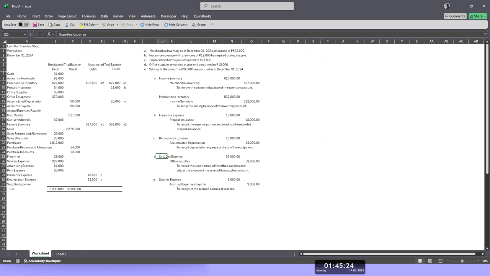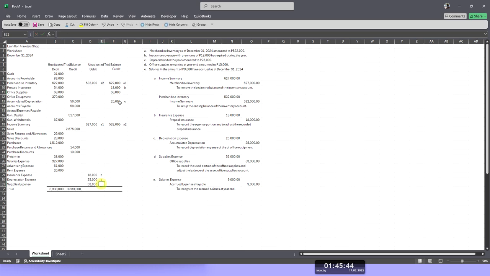The next adjustment is to record the used portion of the office supplies. The entry was debit supplies expense 53,000, and credit office supplies 53,000.